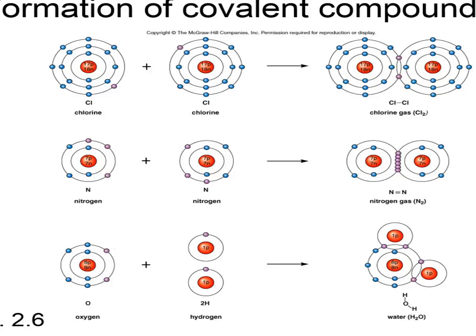We have nitrogen. Nitrogen will share, because this nitrogen has 1, 2, 3, 4, 5 electrons out here, but we need 8, which means we need 3 more electrons. This one has 1, 2, 3, 4, 5 out here. So to reach the octet, it needs 3 more electrons. Where does it get them? It will get them from this other nitrogen.